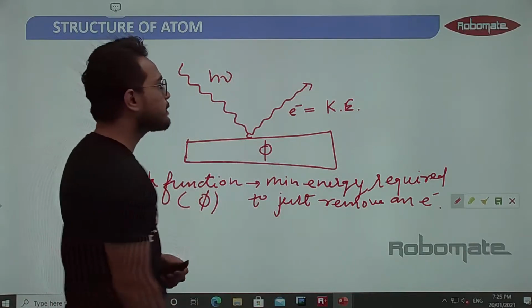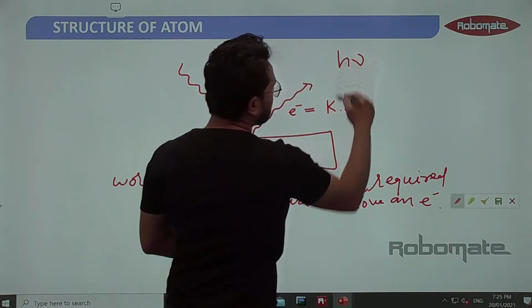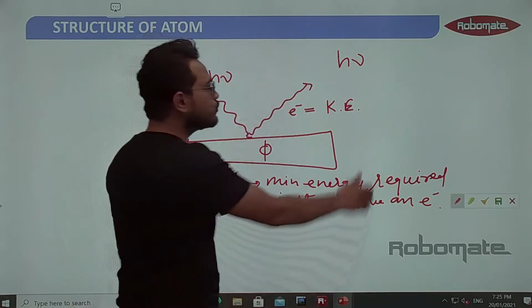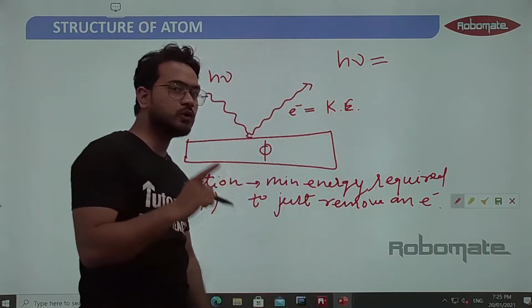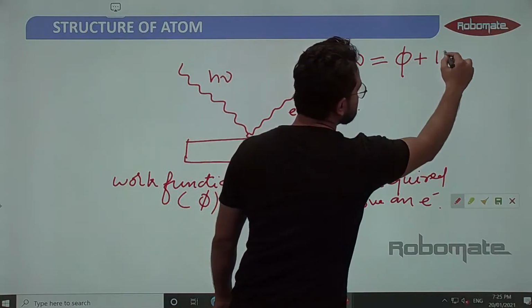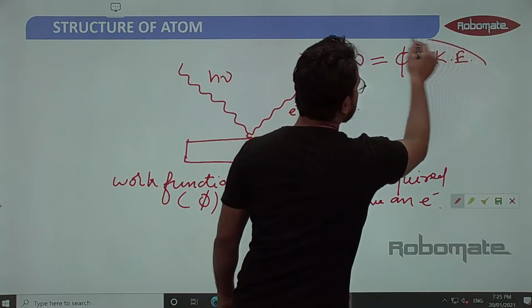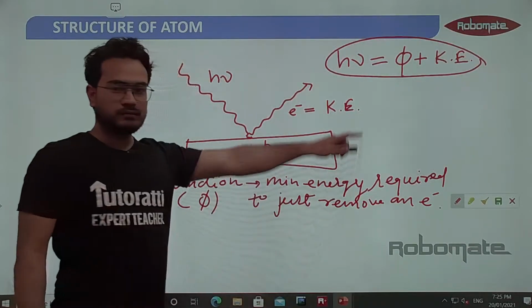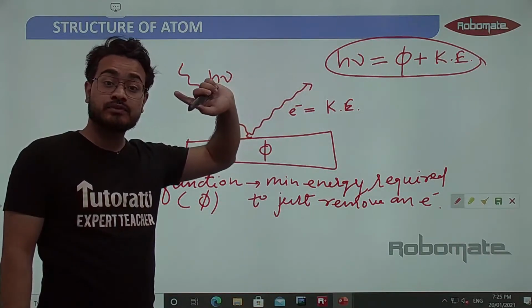So can I say this energy will be used in two things? As I told you, E2 is equal to E1 plus E dash. H nu will be equal to phi plus kinetic energy. That is work function plus kinetic energy.